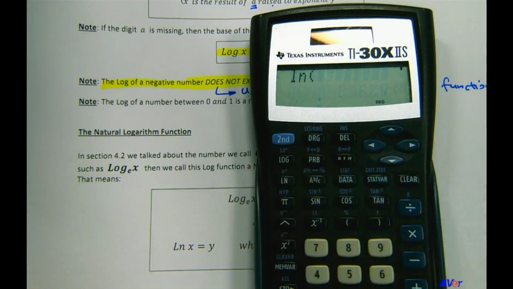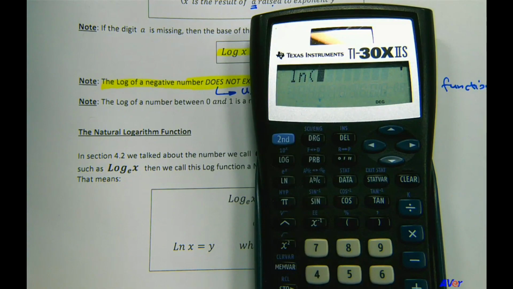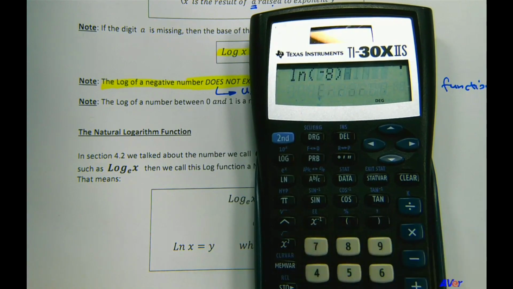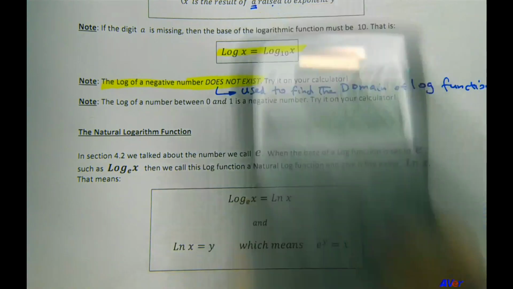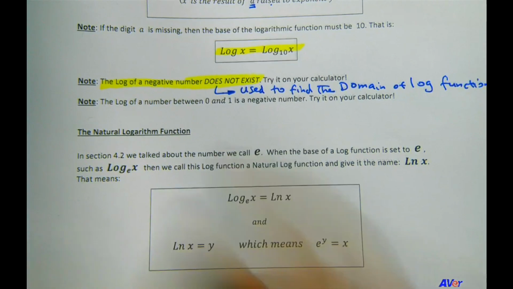Natural log and log are such important functions in mathematics that they have their own buttons on a scientific calculator. So natural log of negative 8, and I press enter and it says domain error. So we'll use this rule to find the domain of a log function.